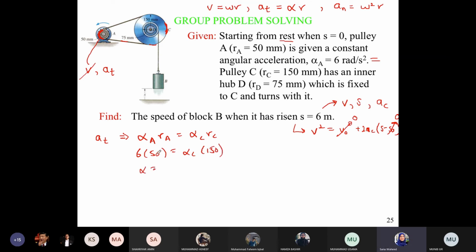So alpha C is equal to 2 radians per second squared. Sensible, because we've gone from a smaller wheel to a larger one, so the angular acceleration has decreased.